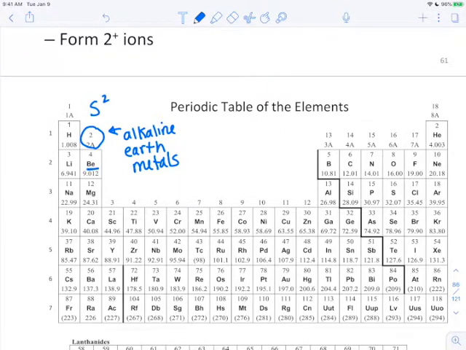So if you were looking at beryllium, that would be a 2s2, magnesium a 3s2, calcium a 4s2, and so on down. So all of the alkaline earth metals have that configuration that ends in an s2. They also all have 2 valence electrons. And it is because of this that they have 2 valence electrons in the s orbital that they all have similar reactivity.